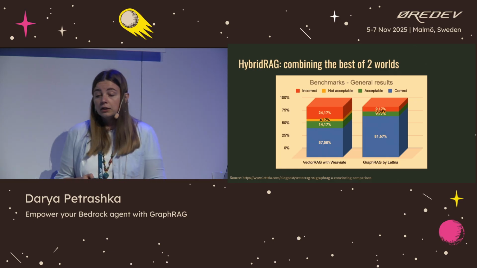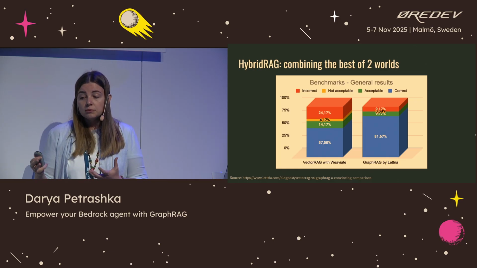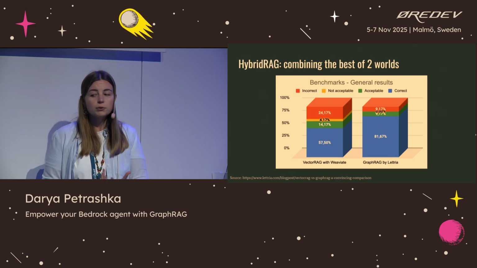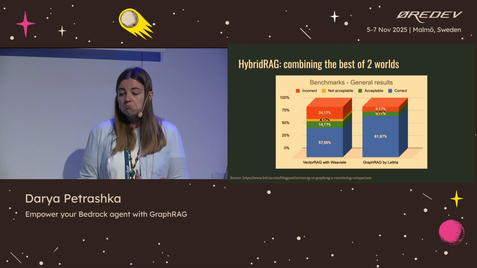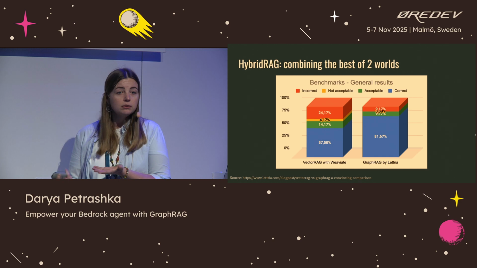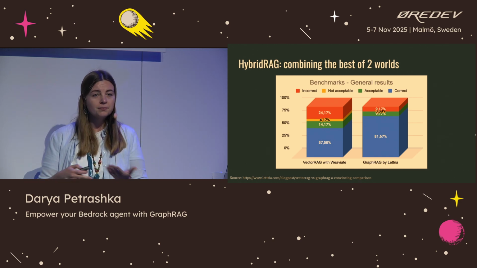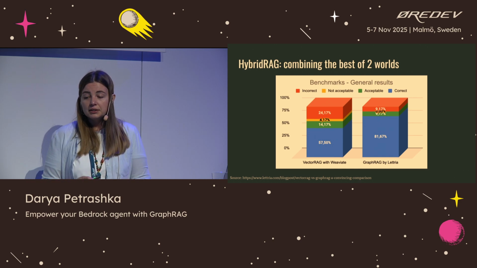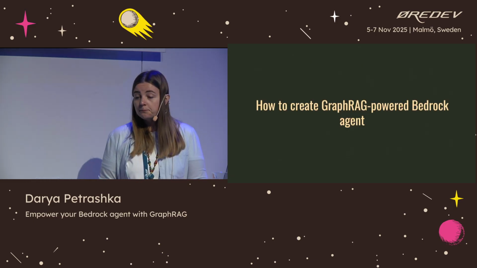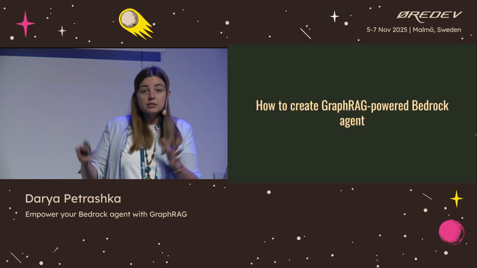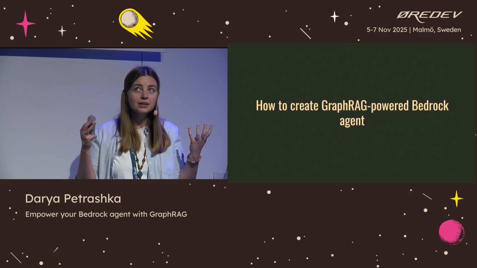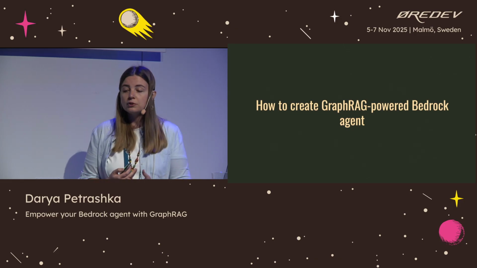You can see that adding this graph component to RAG made a jump in accuracy, and it was evaluated by human reviewers. So I think we can pretty much rely on those findings. That was the theoretical part about the idea of using graphs.